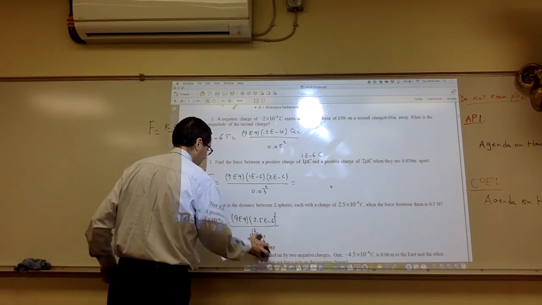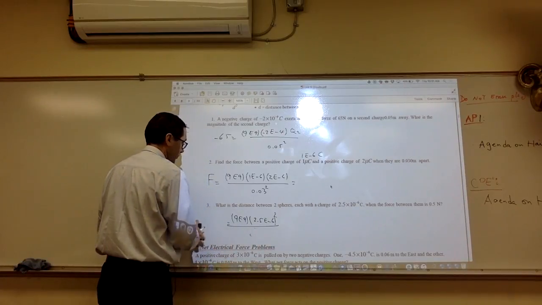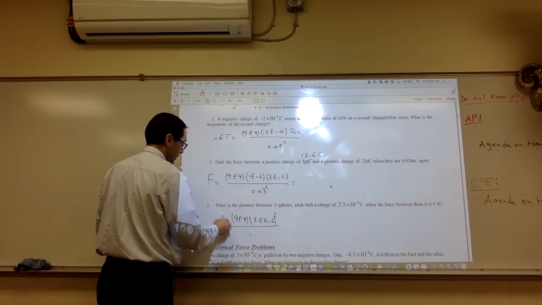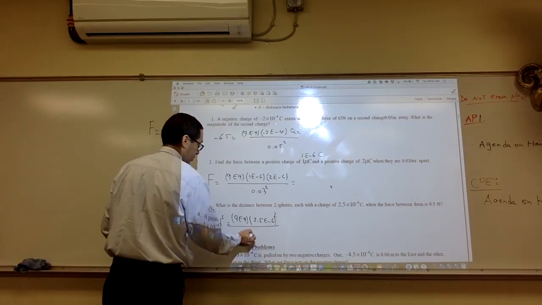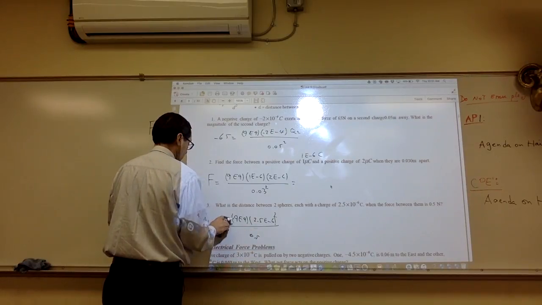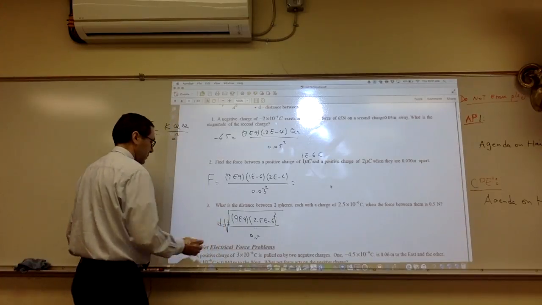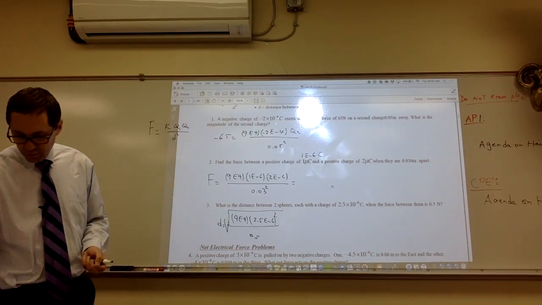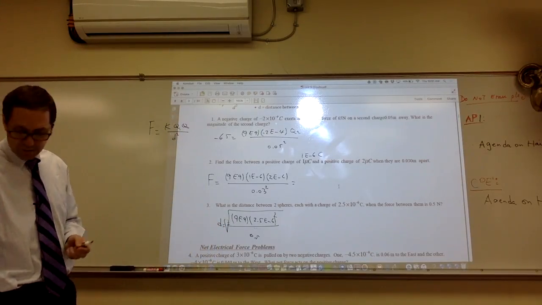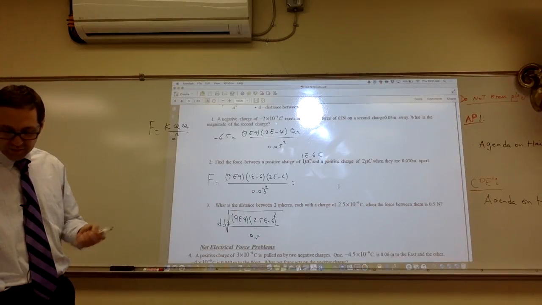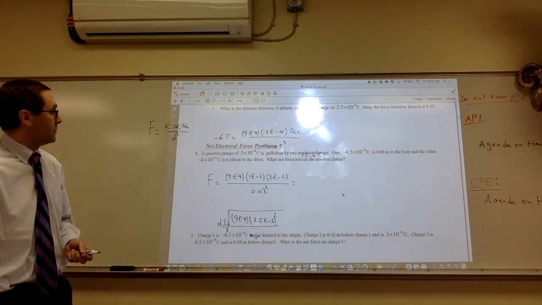Now how do you solve this? Well, I can just move the d squared here, divide by the force, which is 0.5, and take the radical of this whole thing. That should be your distance. And the distance should be 33.54 centimeters, so it was 0.3354 meters.